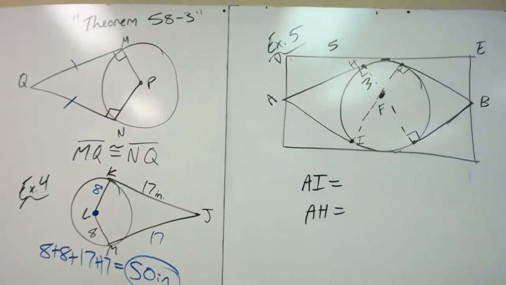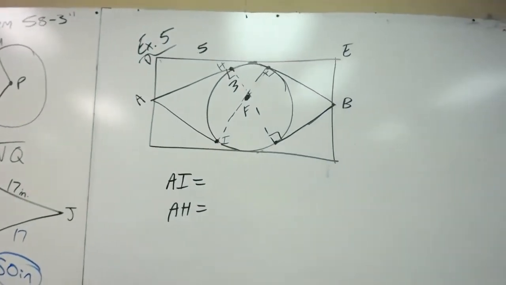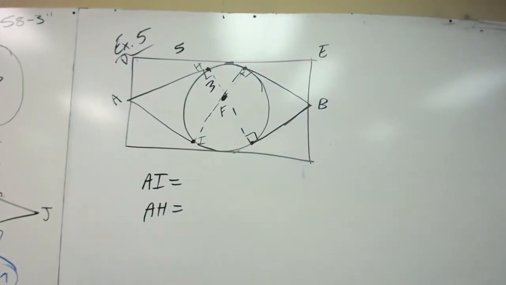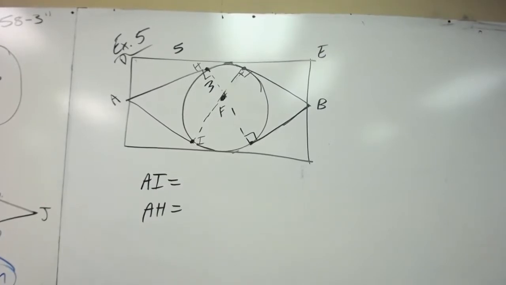Looking at our last example here, example 5. I like this example. It's kind of a word problem, but I just drew it out. It says an ornamental window has several glass panes oriented to look like an eye.